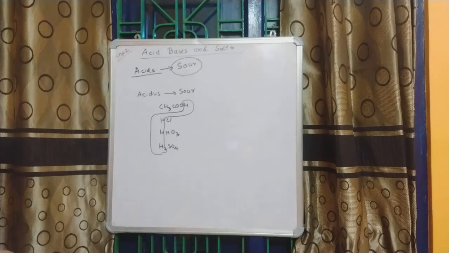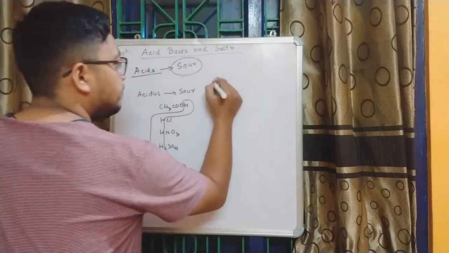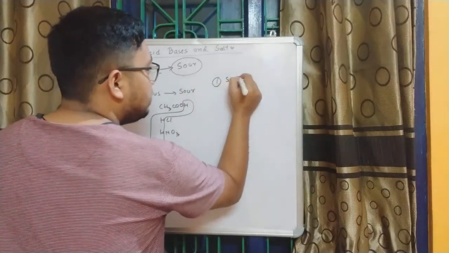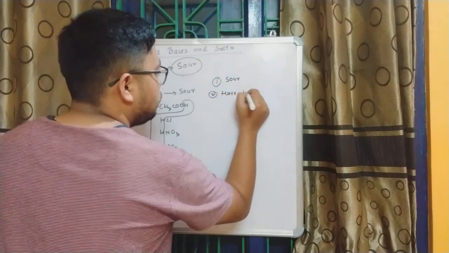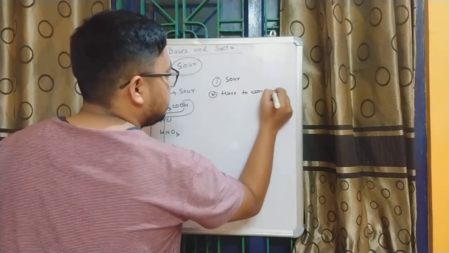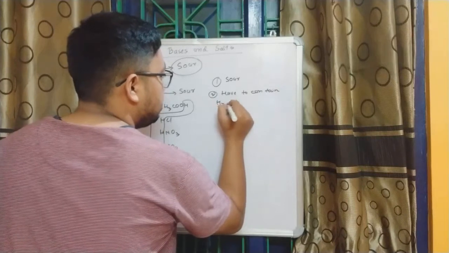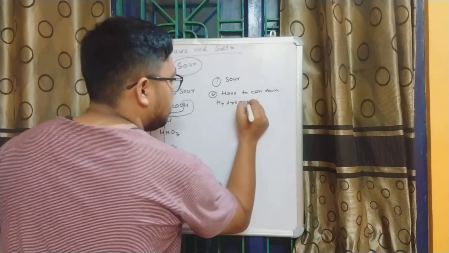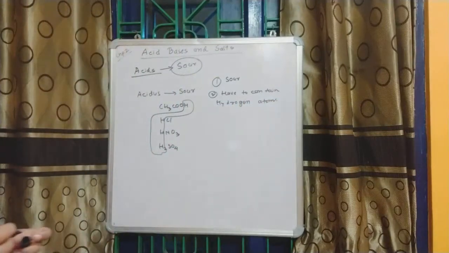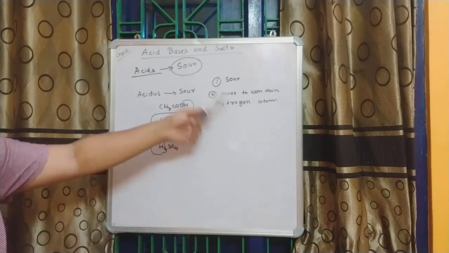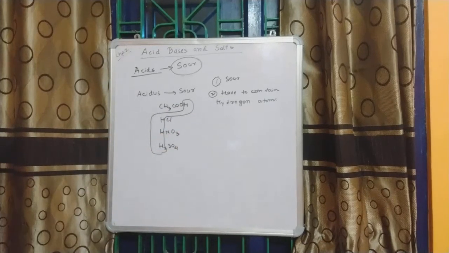Okay, so now we have two conditions: acids are sour, and acids have to contain a hydrogen atom. So we have two conditions to fulfill: sourness and containing a hydrogen atom.